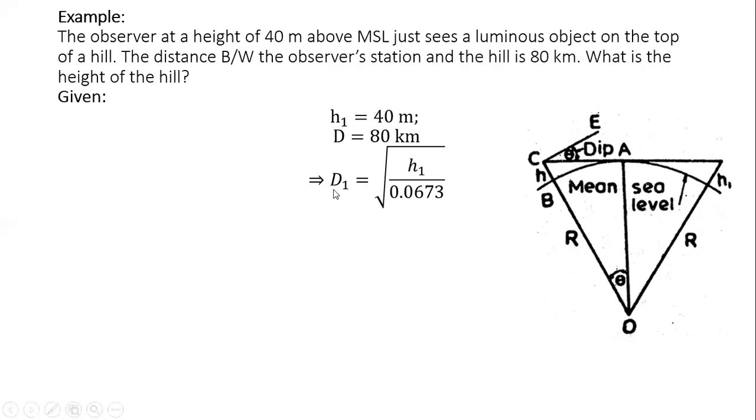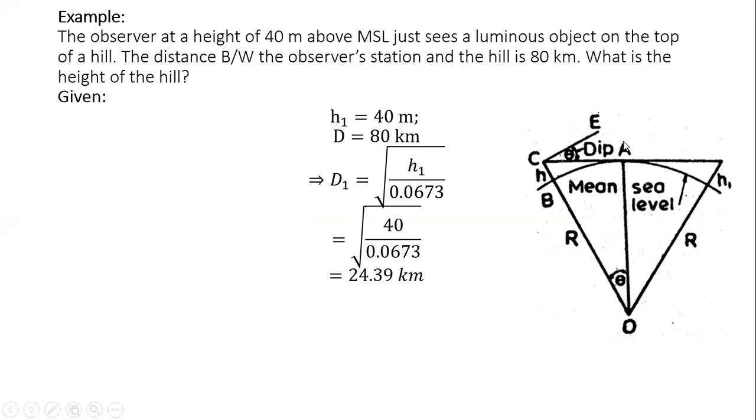So this is D1. Again, I have to apply the same formula. From this, I can calculate D1 is equal to 40 divided by 0.0673 under the square root. So this is equal to 24.39 kilometers. So I know the distance from here to here. I know the total distance from here to here, that is 80 kilometers.